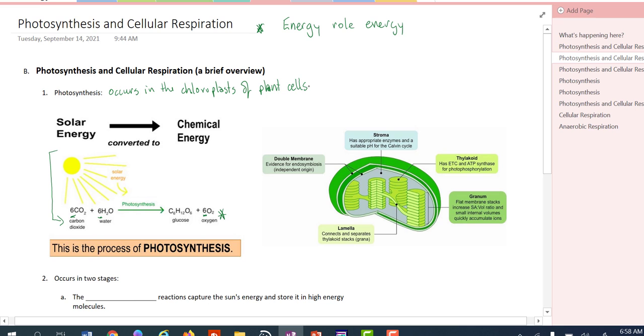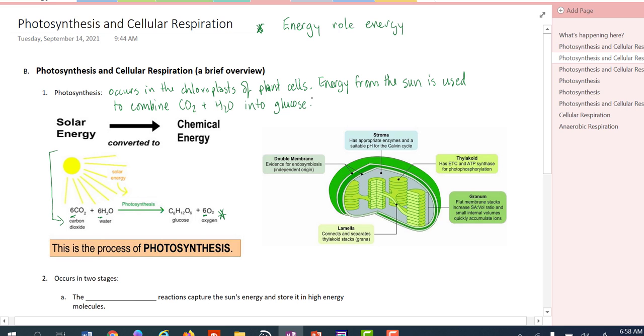Here energy from the sun is used to combine carbon dioxide and water into glucose.